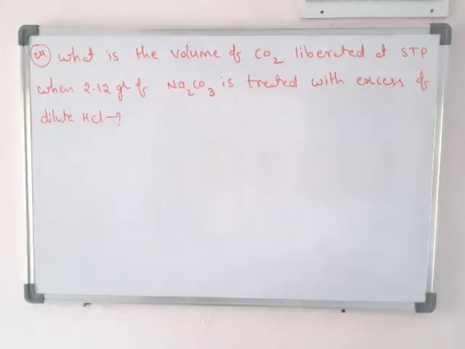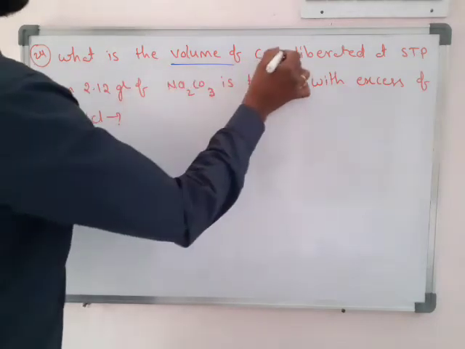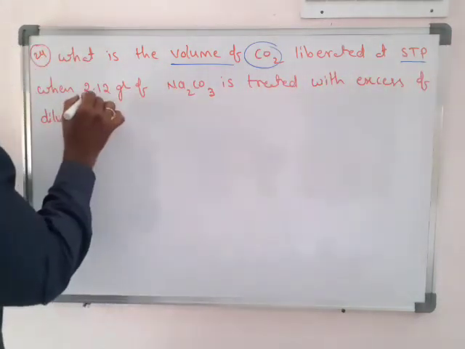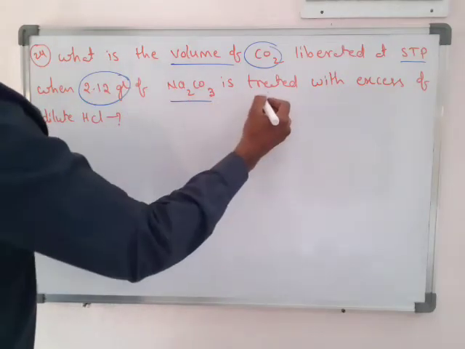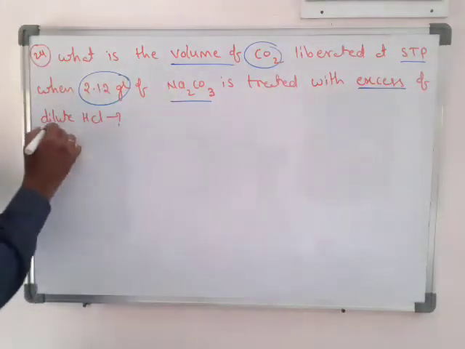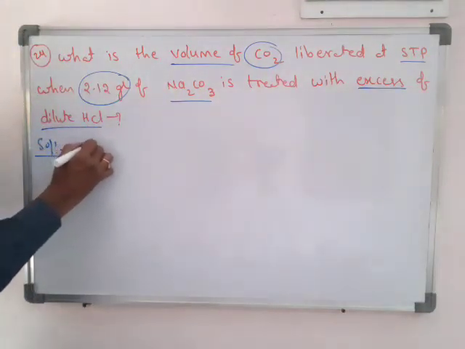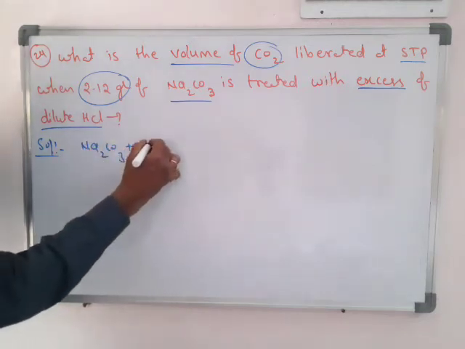Let's see question number 24. What is the volume of carbon dioxide liberated at STP when 2.12 grams of sodium carbonate is treated with excess dilute HCl? So the reaction is between sodium carbonate and excess HCl.